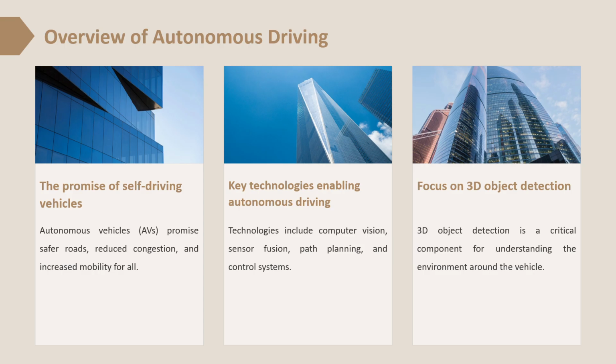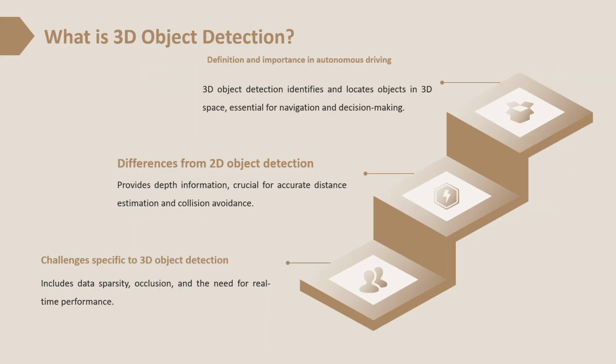The whole object should be detected, along with its size. When we have multiple vehicles in front of the autonomous vehicle, we need to detect the distance between the vehicles also. So 3D object detection is a very critical component for understanding the environment around the vehicle.